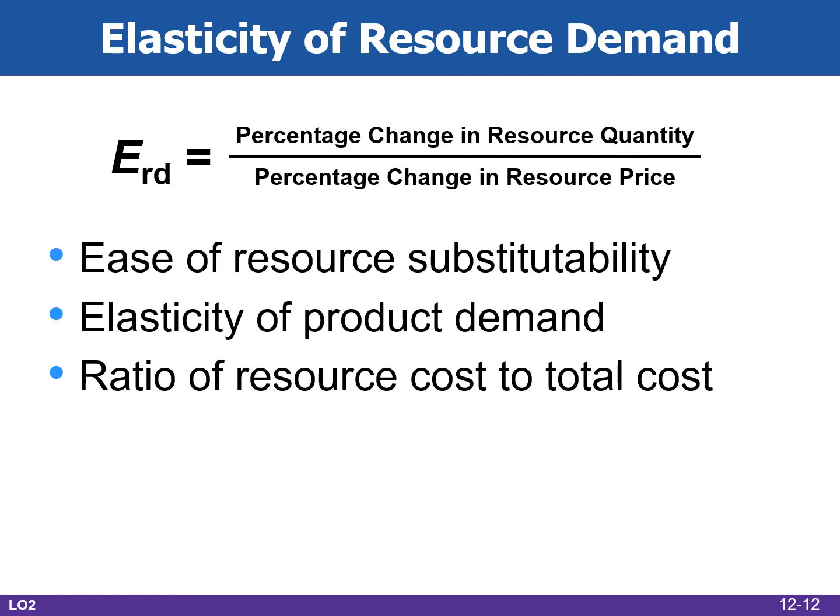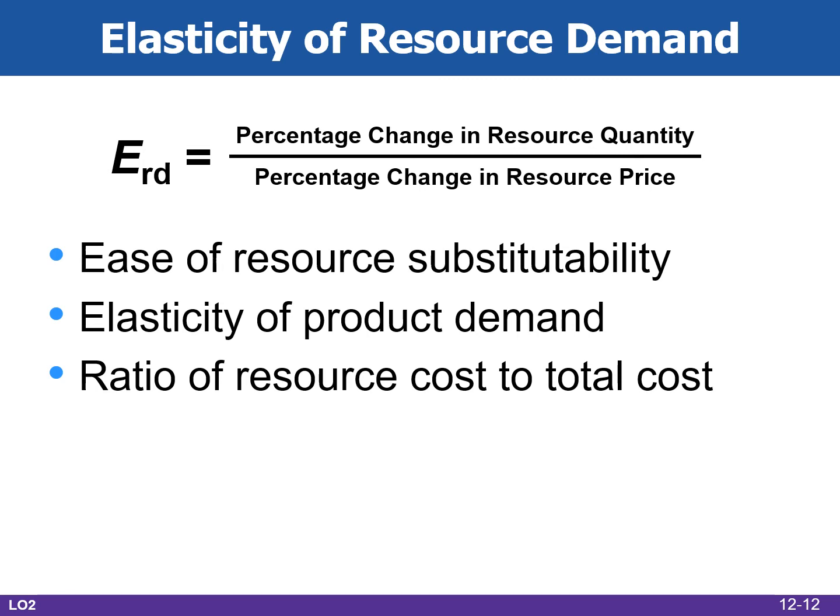This formula will yield an outcome, a mathematical number. Interpreting the number is straightforward. If the elasticity of resource demand is greater than 1, economists refer to the elasticity of resource demand for that particular resource as relatively elastic.